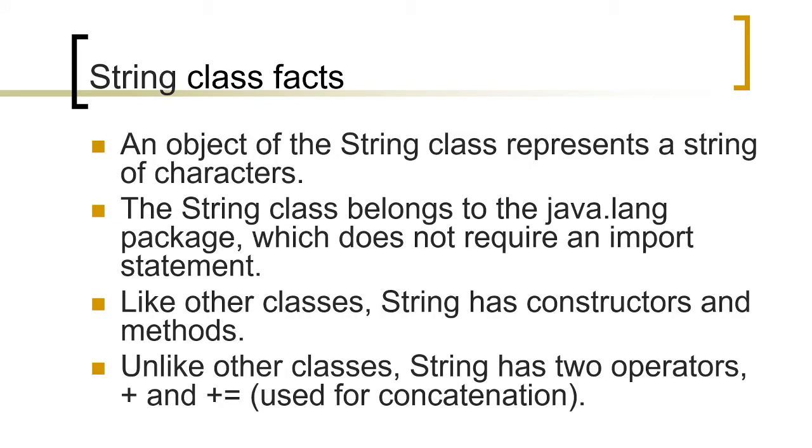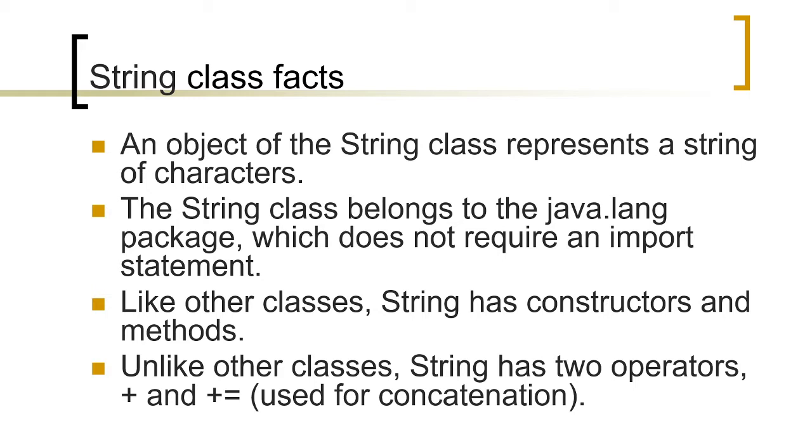So an object of the string class basically represents a series of characters. The string class belongs to the package called java.lang. However, for the java.lang package, we don't need to import that. Once you create a Java program, the package is already imported without explicitly calling or importing java.lang.